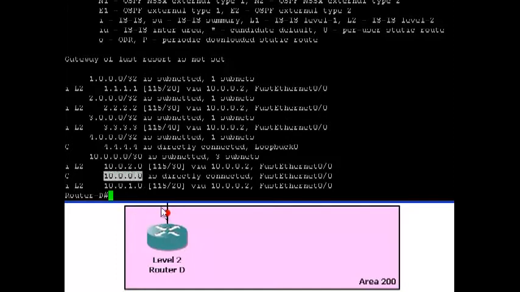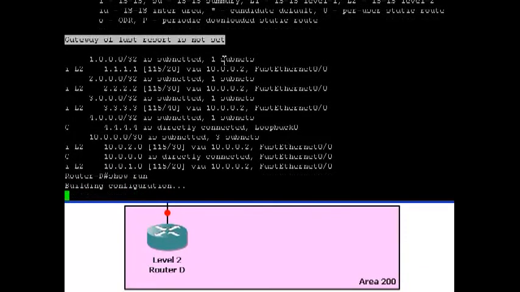It also knows about the directly connected network and also all the other networks from all the areas. Note that it does not need a default gateway because it already knows where all the networks are.